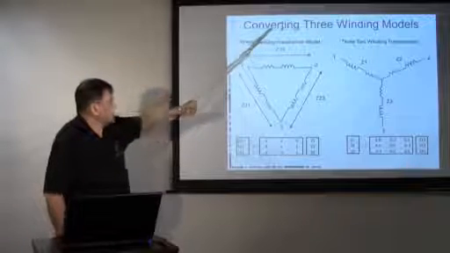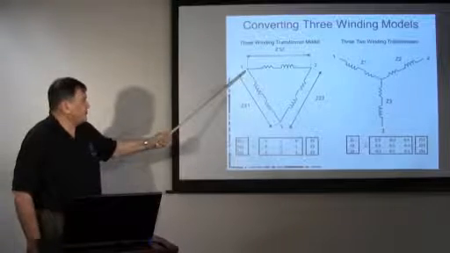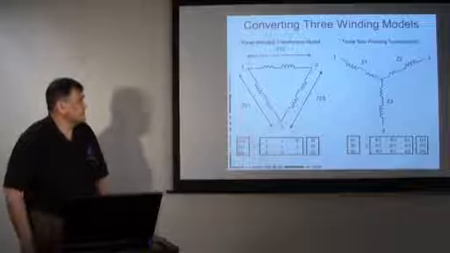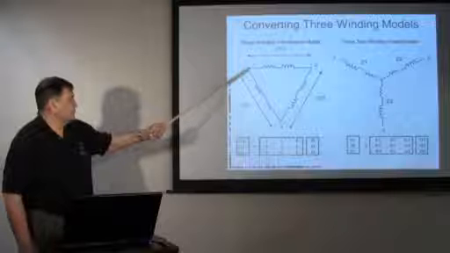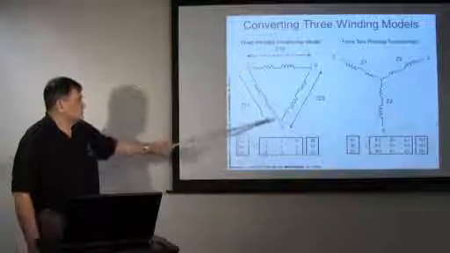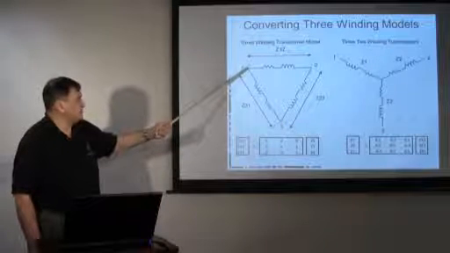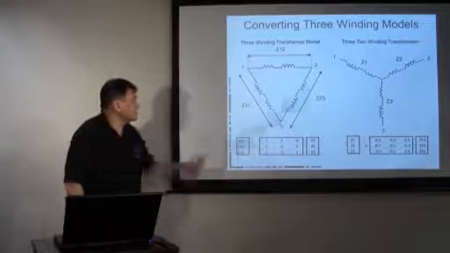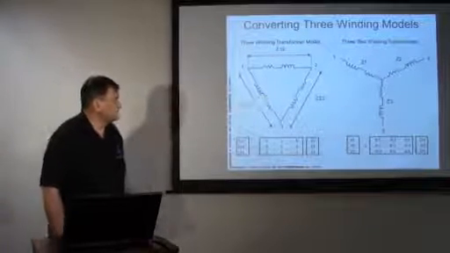We've got our primary, our secondary, and our tertiary connections. You can leave the tertiary open, connect to the primary, and measure the impedance between the primary and the secondary. That's the value we call Z12. And of course you can do it for the other pairs of windings.